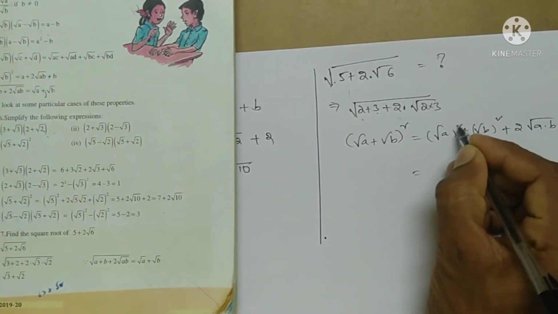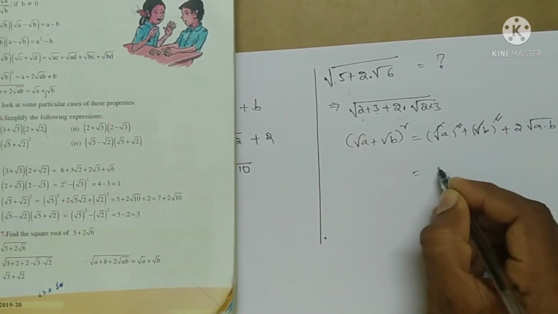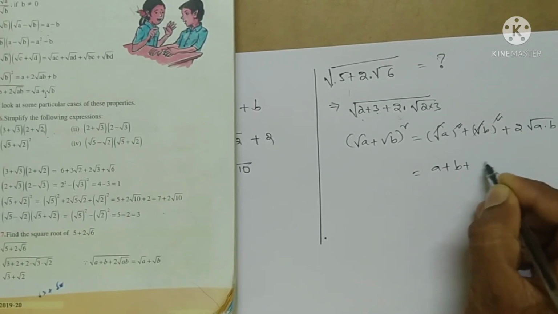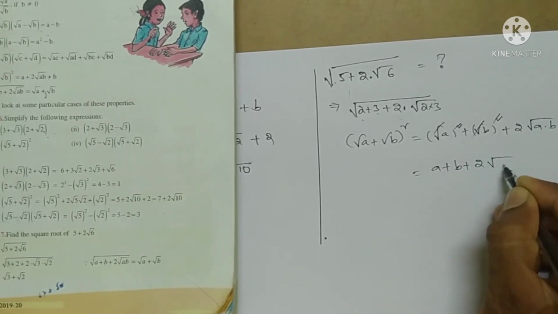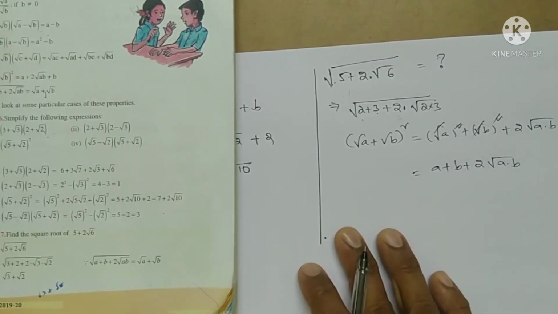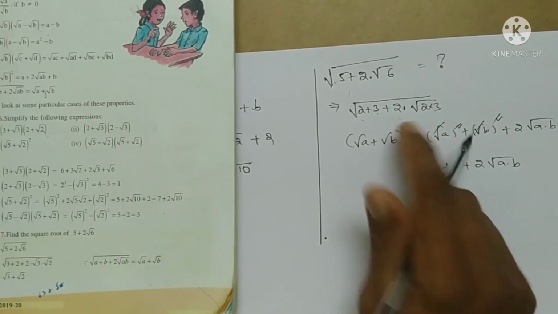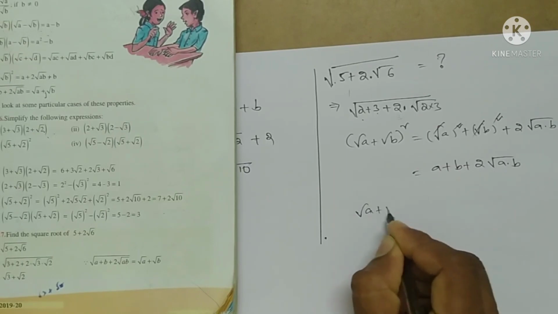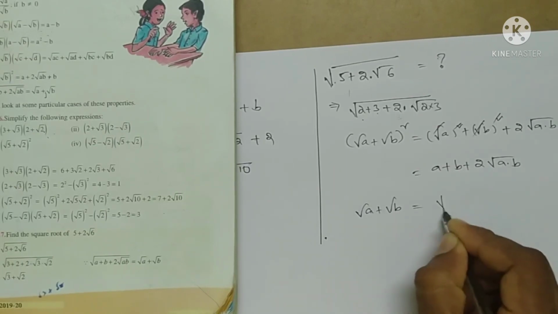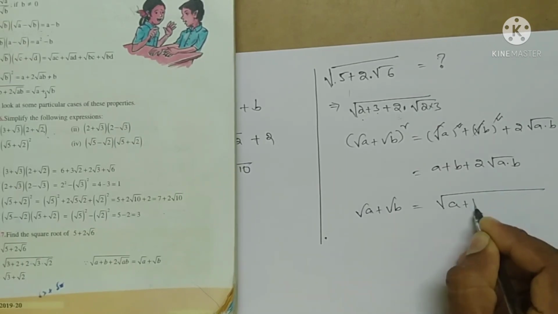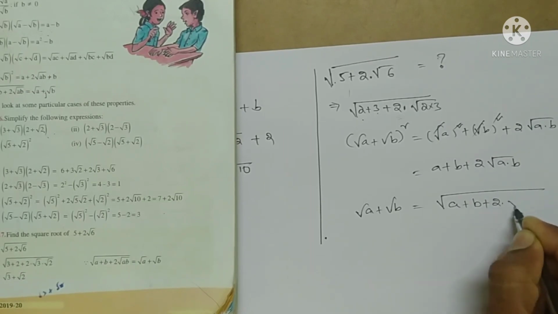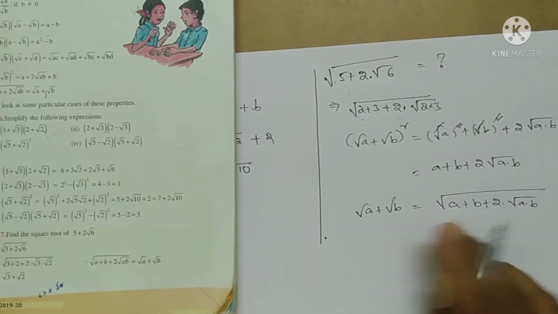So that is equal to a plus b plus 2 under root a into b, the square roots cancel. Transpose the square. So root a plus root b is equal to square root of a plus b plus 2 into under root a into b.